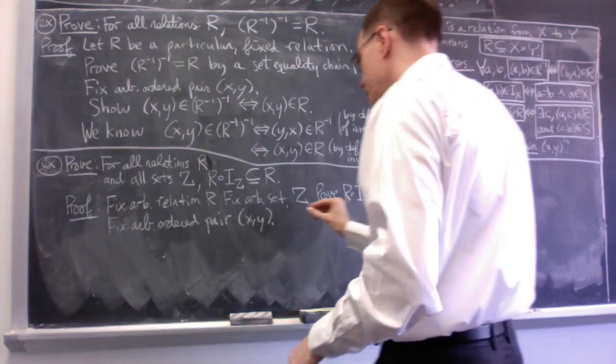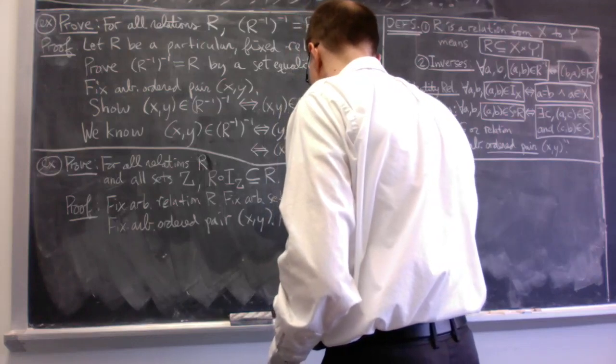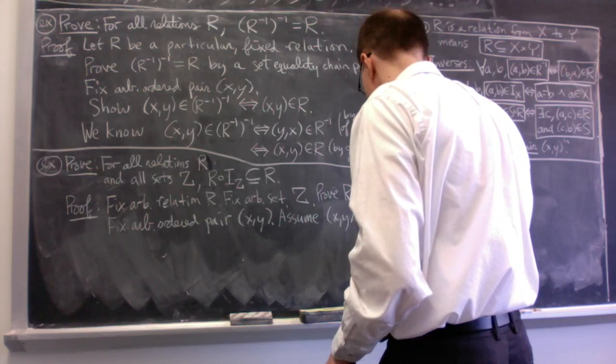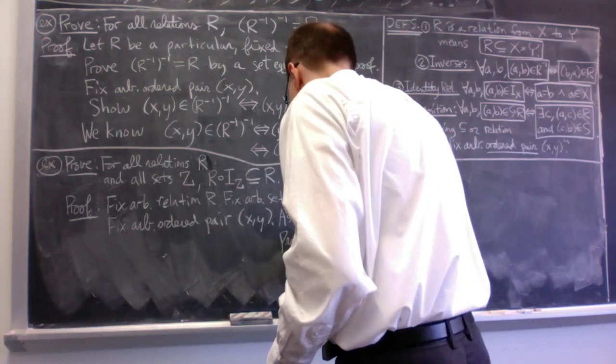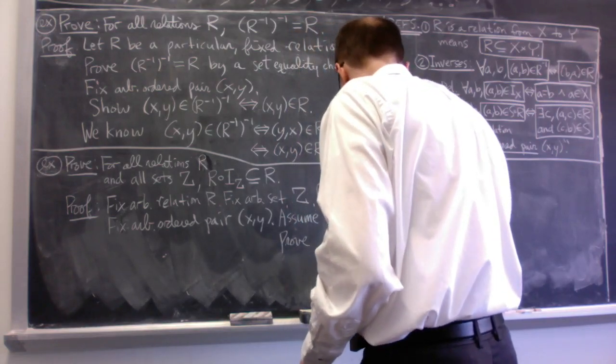And we're going to assume, following the template for subsets, that x, y is a member of the left-hand set, whatever it may be. And we're going to prove that x, y must then be a member of the right-hand set.